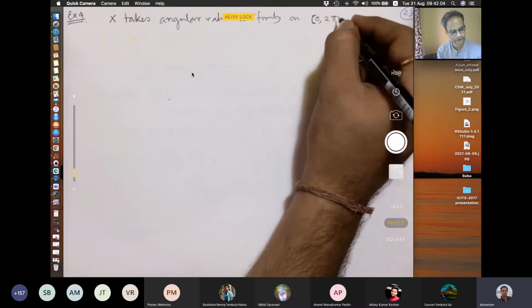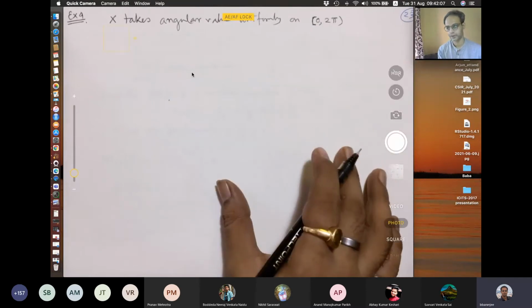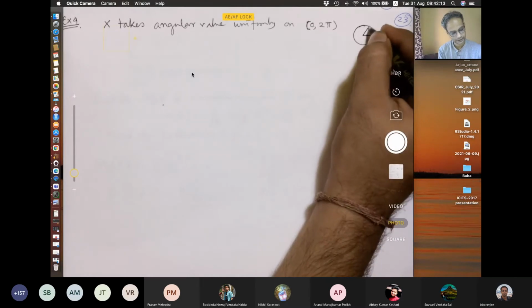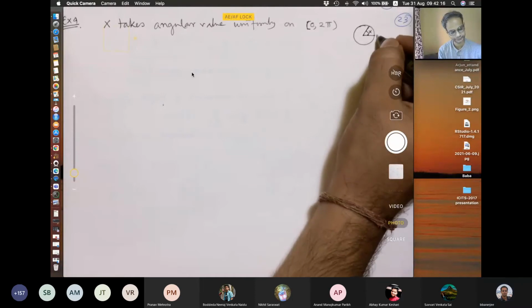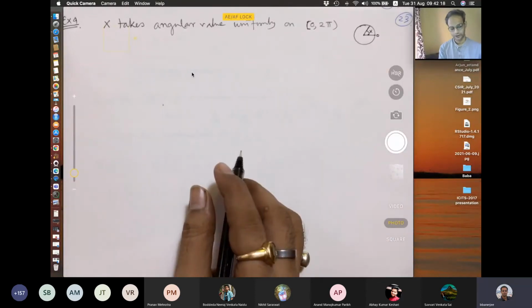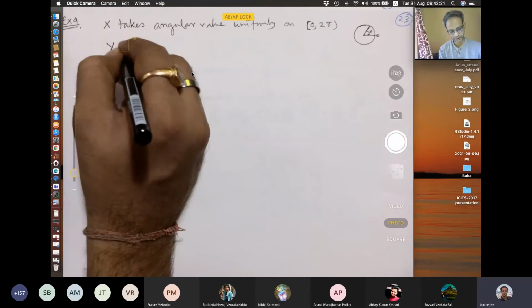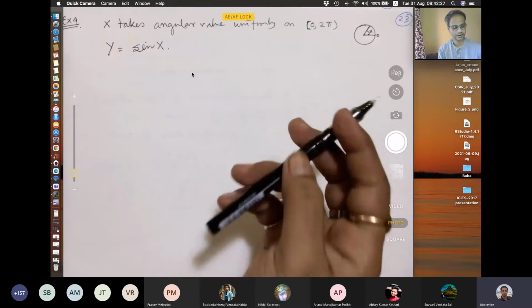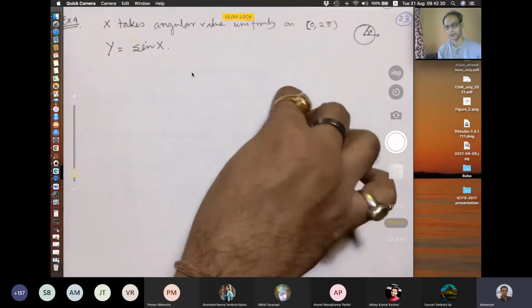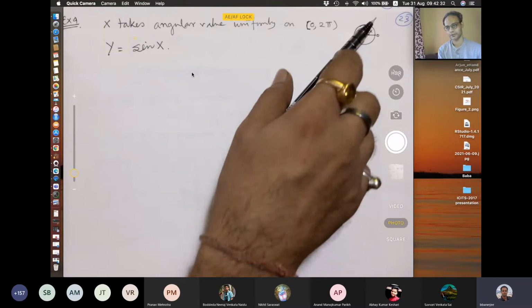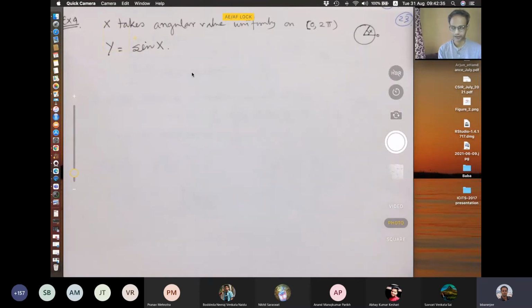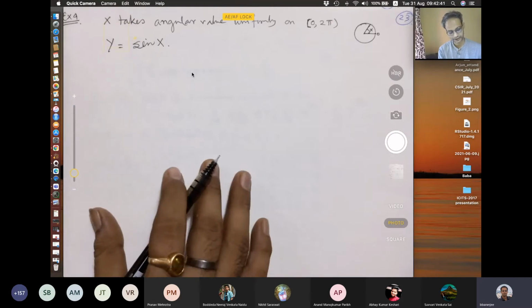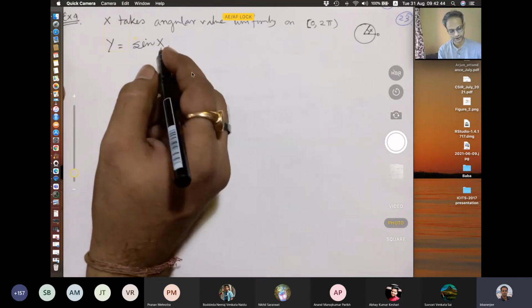So over a circle, this angle is X. Then define Y equals sine X. You can consider that there is a radar and you are considering its distribution, something like that. They are rotating uniformly. So find the CDF and PDF of Y.